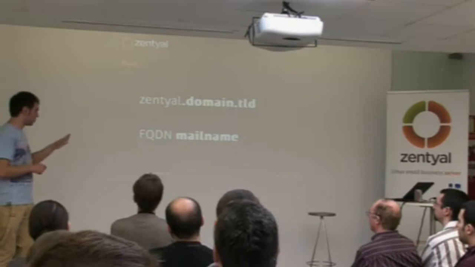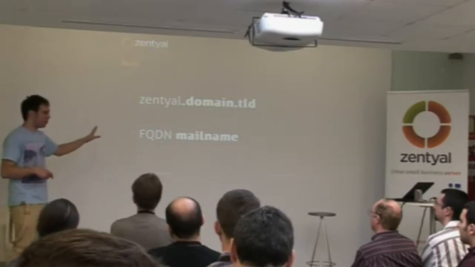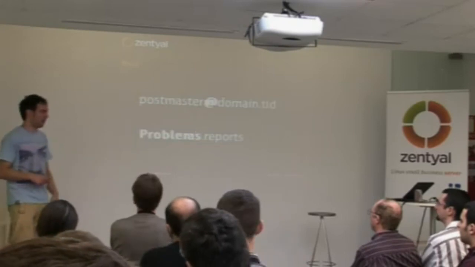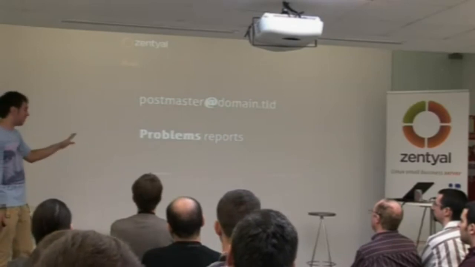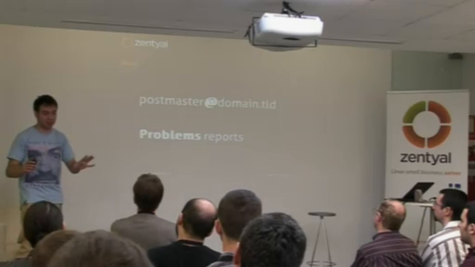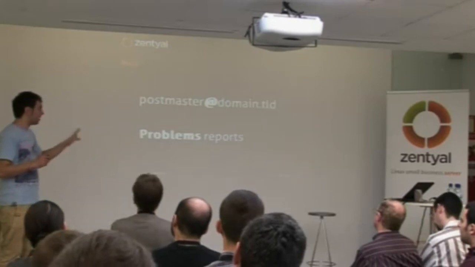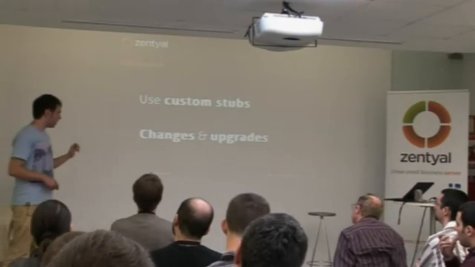So please use whatever your funny name you choose for your server, that's your domain. And of course, you want to get notified of all these errors, so use a postmaster address. This is configured in the Zentyal interface. Get email notifications, email progress notifications.